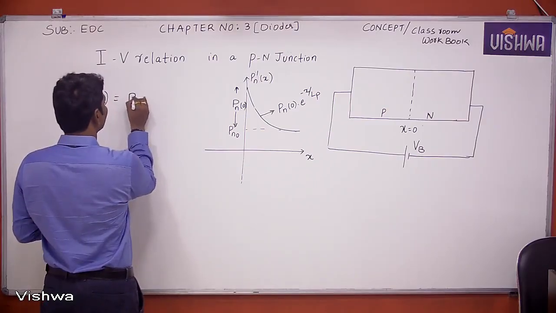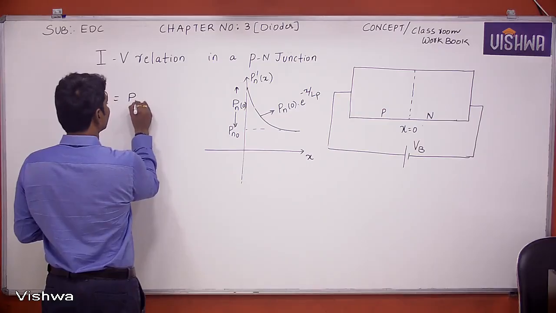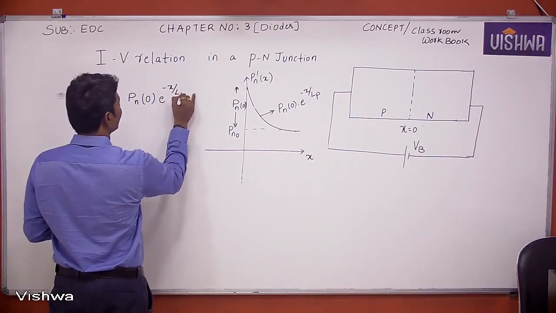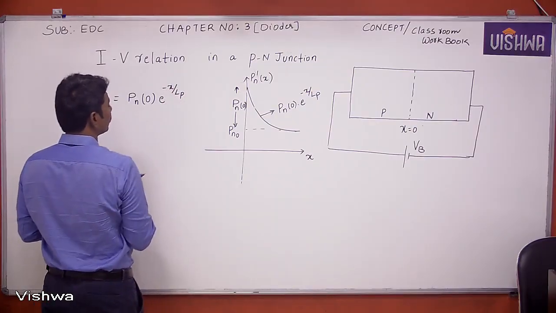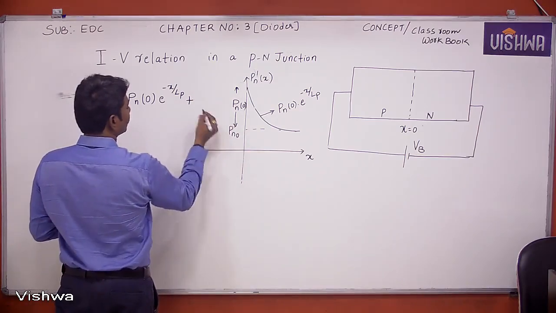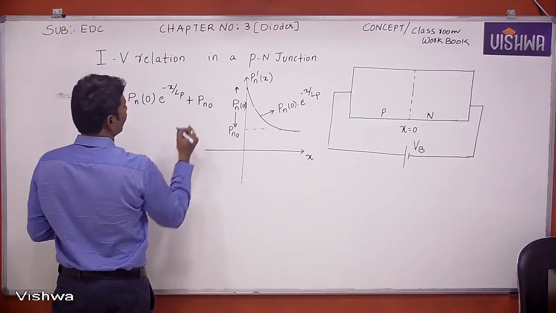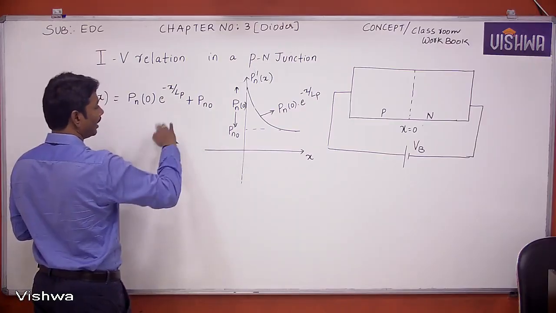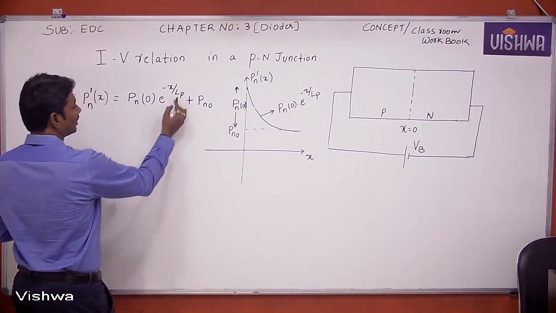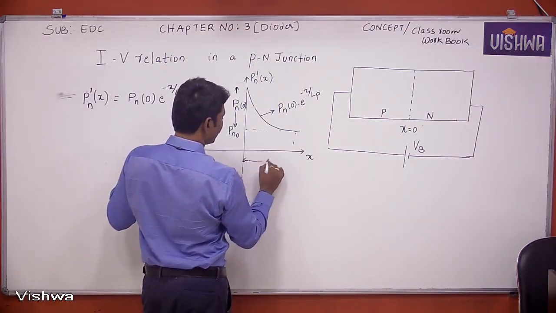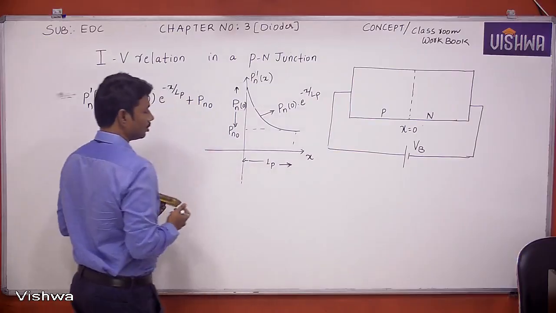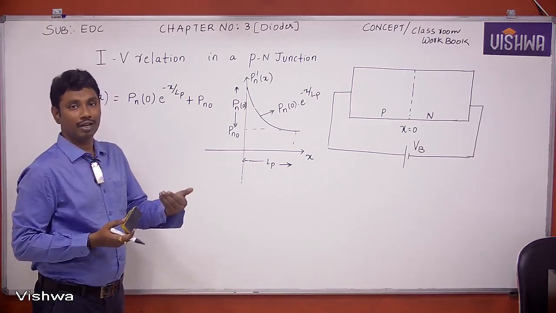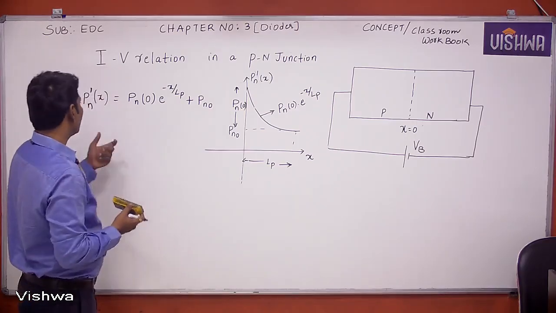Thermally generated hole concentration is Pn of 0 into e power minus x by Lp, plus the injected hole concentration, Pn naught. This is our net concentration on N side. Here Lp is the diffusion length of the charge carrier. Diffusion length is a measure of how much distance is traveled by a charge carrier during the diffusion process.